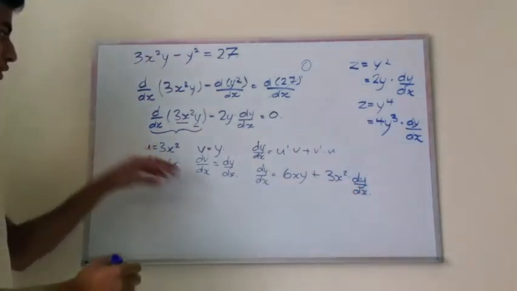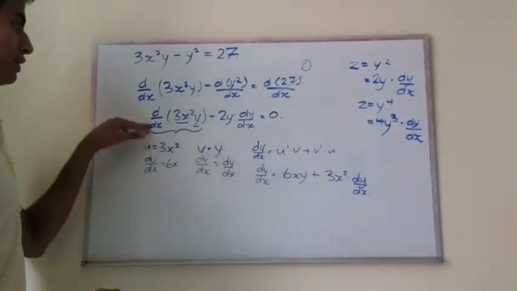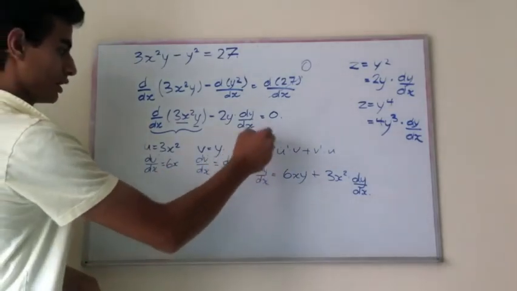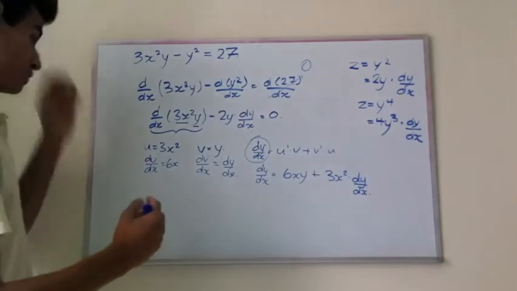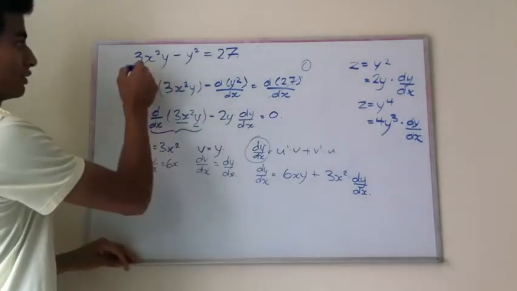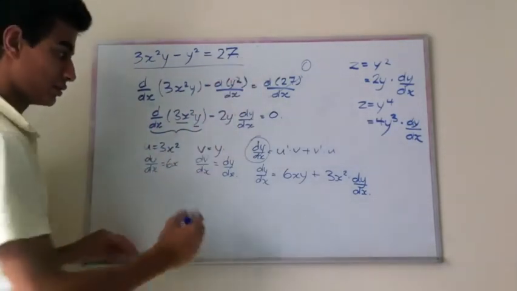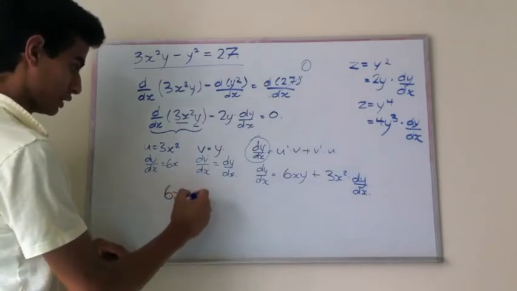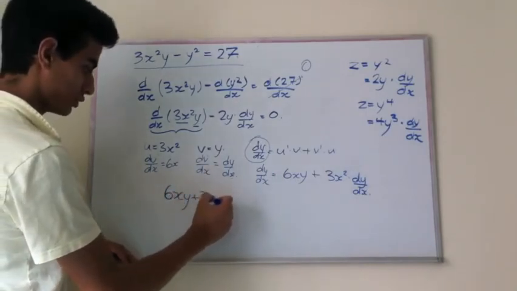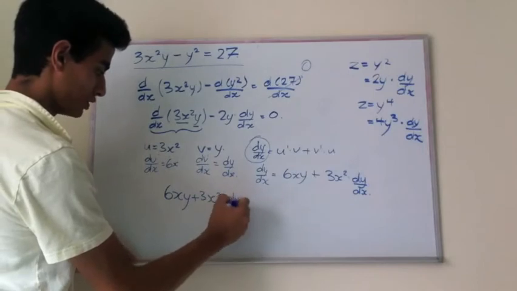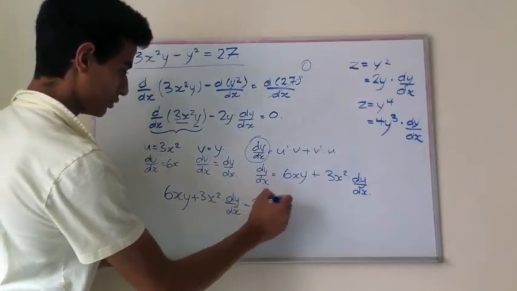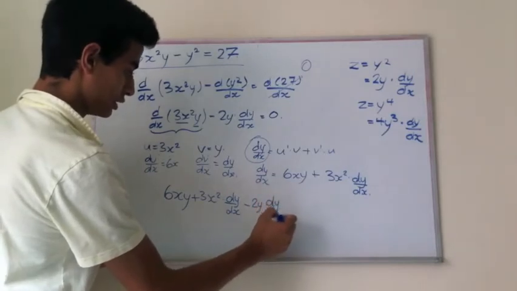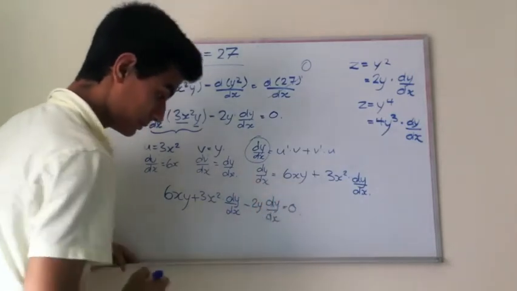So now let's plug this back into here, because what this dy over dx really means is the derivative of all of this. So we get that the derivative of this formula with respect to y is 6xy plus 3x squared times dy over dx minus 2y times dy over dx is equal to 0.